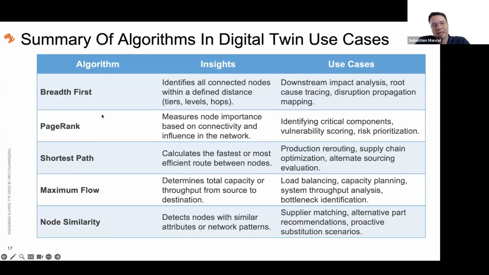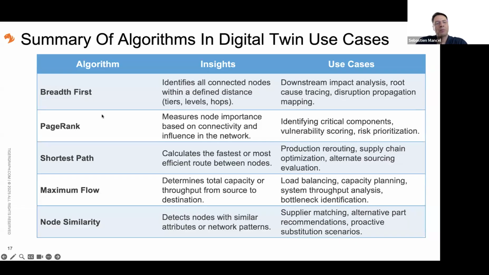Then we have PageRank. PageRank gives us a way to measure influence or importance. In a supply chain context, for instance, we can identify which nodes, such as a component, a supplier, or a site, have the most downstream impact if they go down. And this is critical for resilience planning.